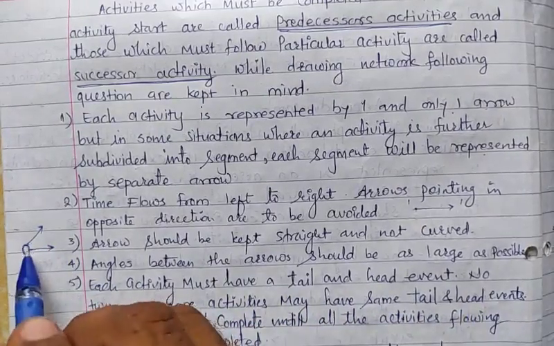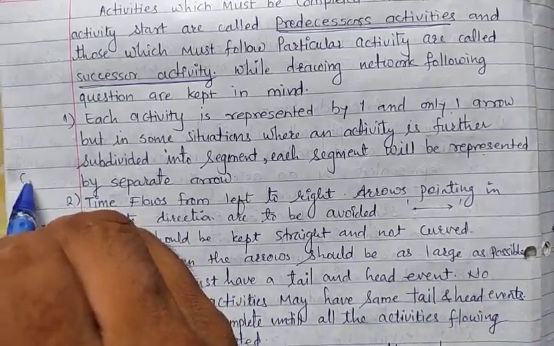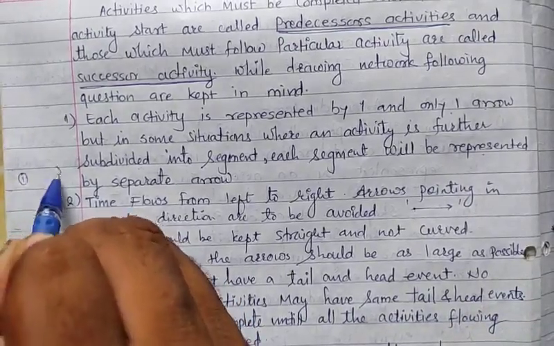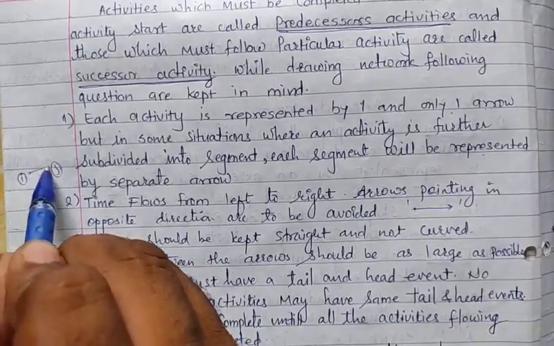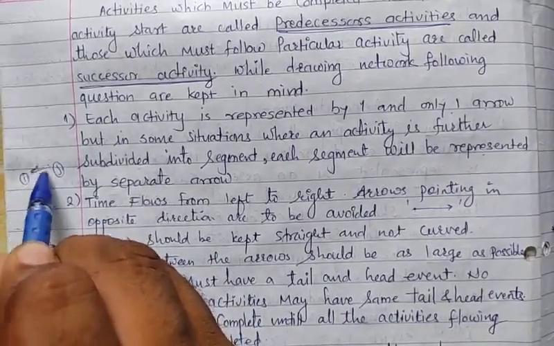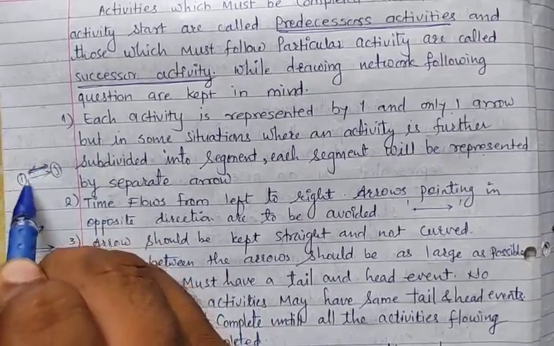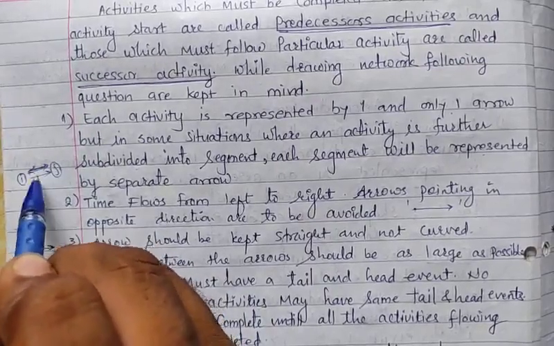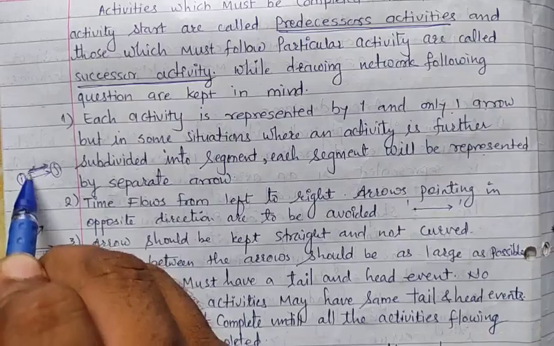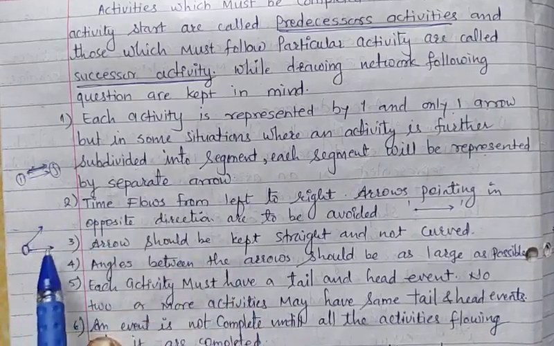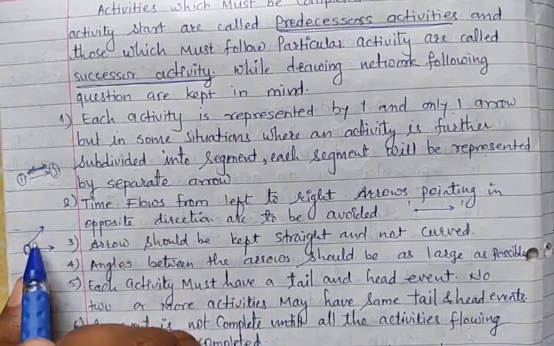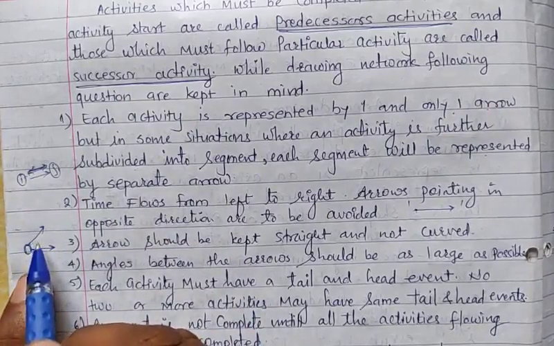Now suppose we have the first event I and this is the jth event. So no two activities having the same head and same tail, that is, if we plot these events, there is no angle between these two lines, because if we take events, there is an angle between any two activities, right?